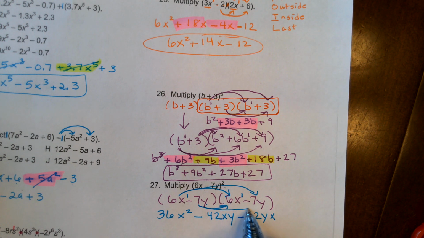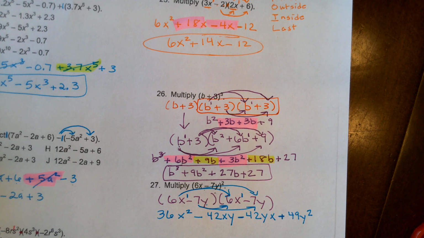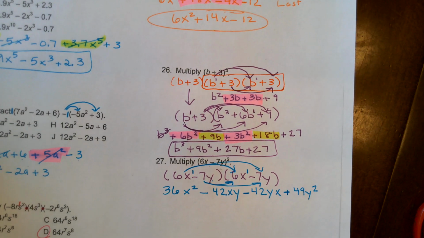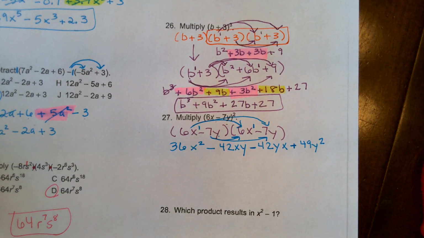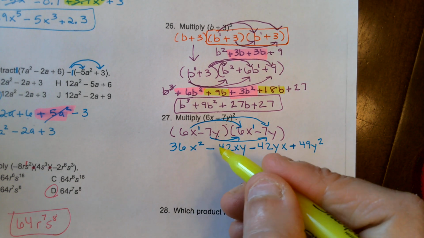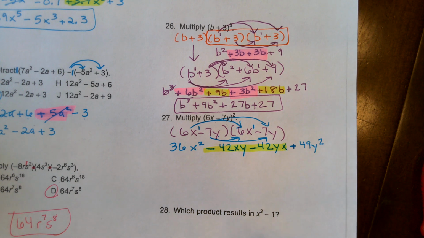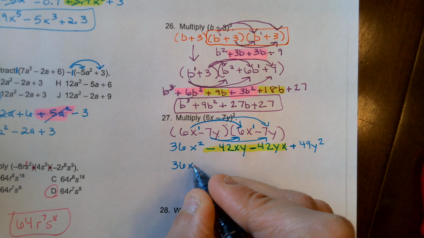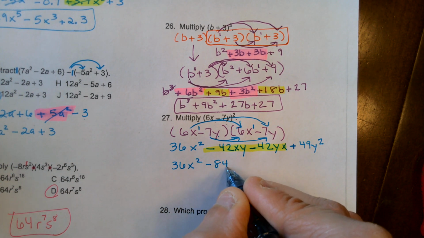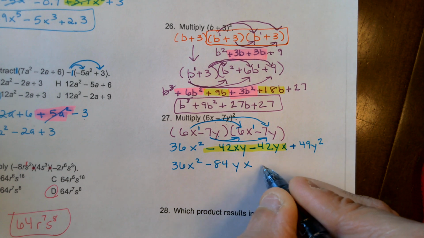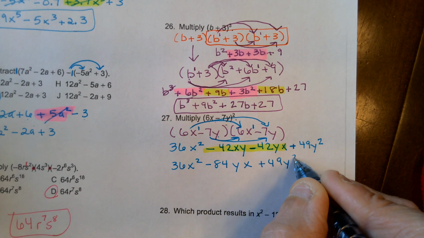And negative 7y and a negative 7y is a plus 49y squared. All right, like terms, you bet. So we have this one and this one. And yes, they are like terms. Just because one's xy and one's yx, that's the same thing. And so we have 36x squared minus 84yx and plus 49y squared.